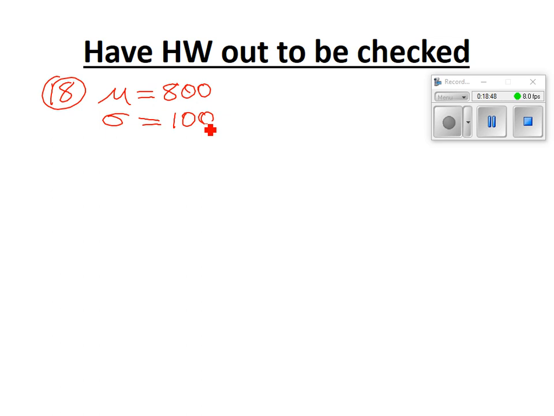Let's graph this real quick, and I'll try to draw my graphs a little better. What goes right there in the middle? 800. And they said this is normally distributed, so it's going to fit the curve. The next number for the first standard deviation is 900.